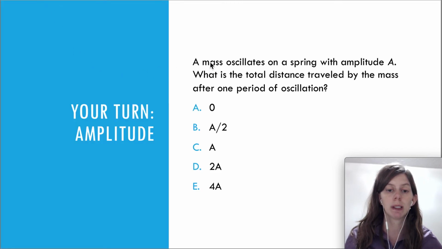Let's do one question for amplitude to finish up this video. A mass oscillates on a spring with amplitude A, just like in the previous picture. What is the total distance traveled by the mass after 1 period of oscillation? It is best to do this question by looking back at the picture.